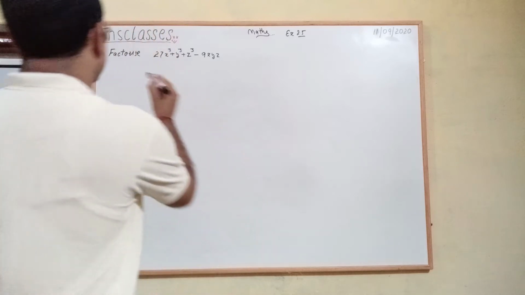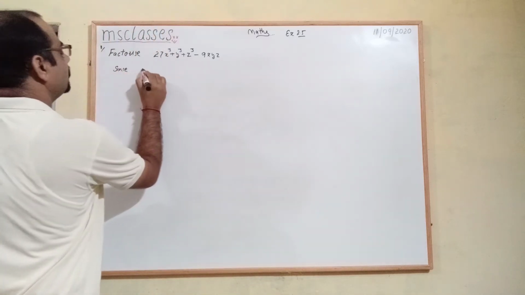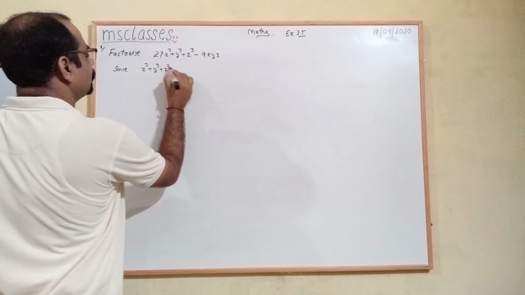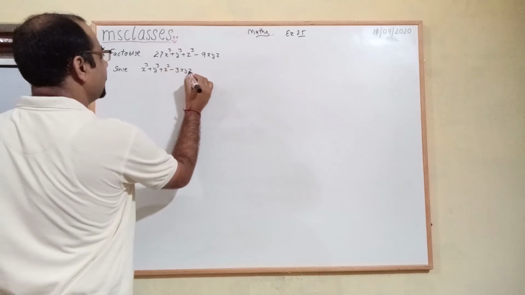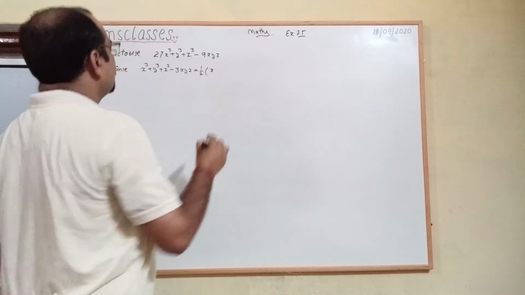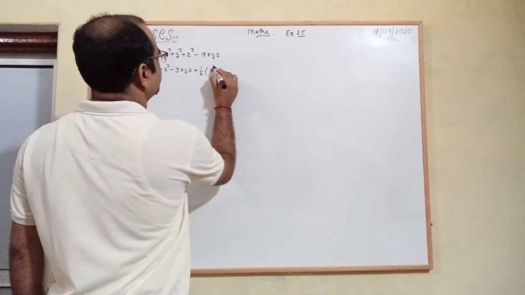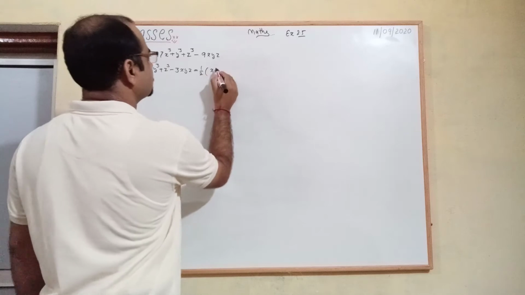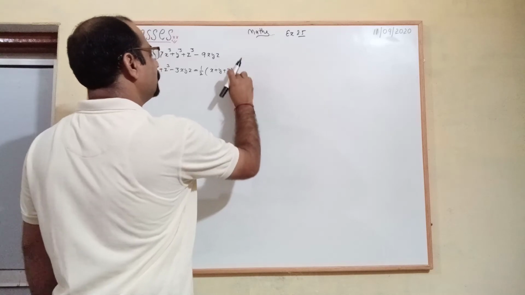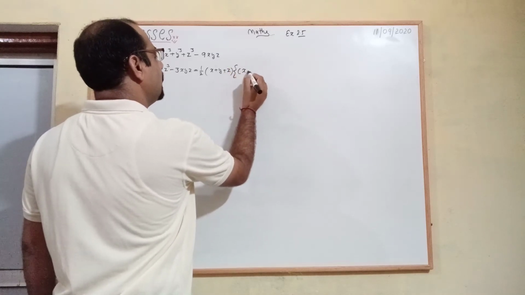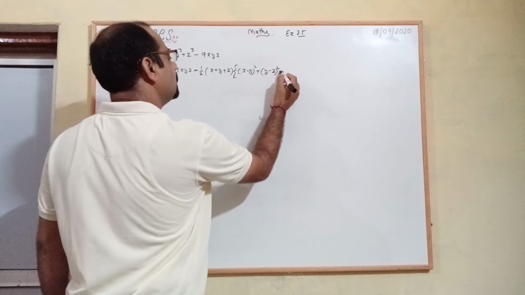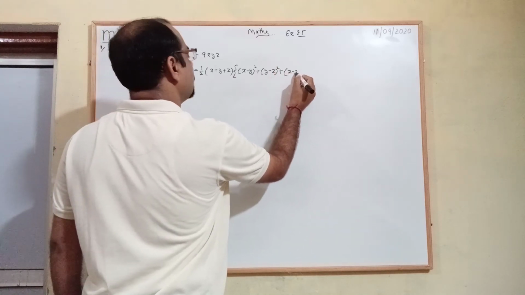So your identity is, x cube plus y cube plus z cube minus 3xyz is equal to half of x plus y plus z into, curly bracket begin, x minus y whole square plus y minus z whole square plus z minus x whole square.